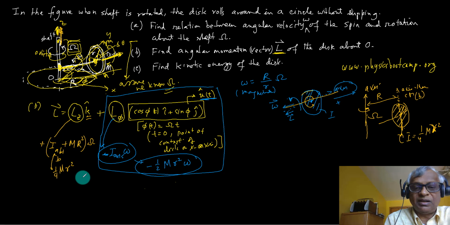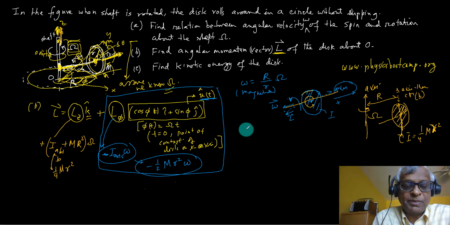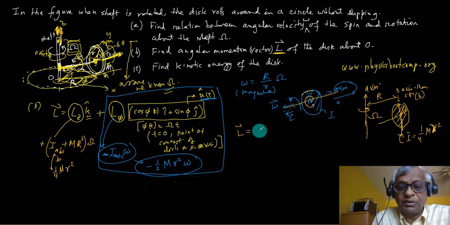So this whole thing I can now put together. So the L will be equal to 1/4 m little r square plus capital M capital R square, times omega.